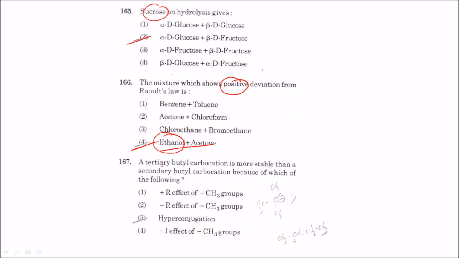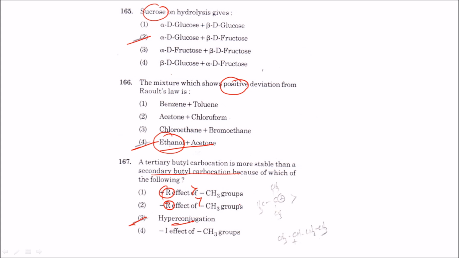Question number 167. A tertiary butyl carbocation is more stable than a secondary butyl carbocation. They're asking the reason for this. We don't get a resonance effect here, so straight away eliminated. There is no minus I effect for methyl; methyl will exhibit a plus I effect, right? So you can straight away select the right answer, which is hyperconjugation.